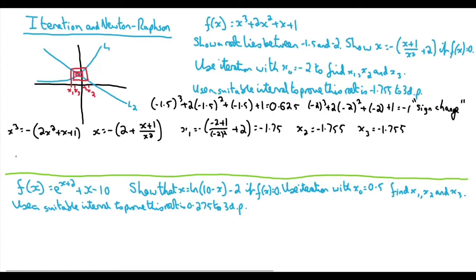So if we were to do that when x is equal to minus 1.7545, which would be the lower bound, because this would round to 3 decimal places to be 755, you find f(x) having an approximate value of 0.00122.